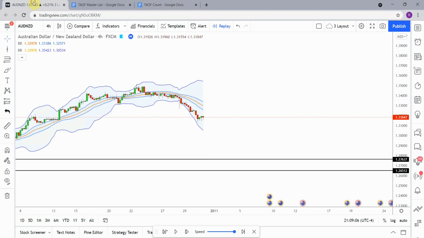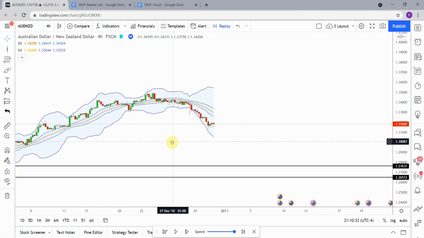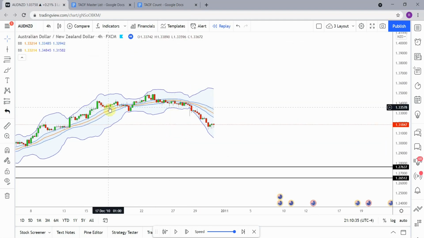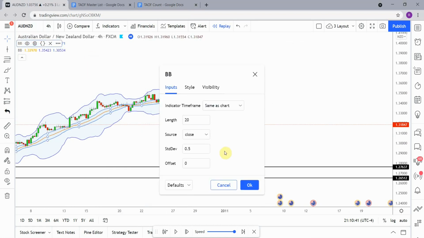All right. As I said, today we are testing a 4-hour trading strategy. So the setup on this is basically two Bollinger Band indicators that we're going to use. And so the first one has a deviation of 0.5.